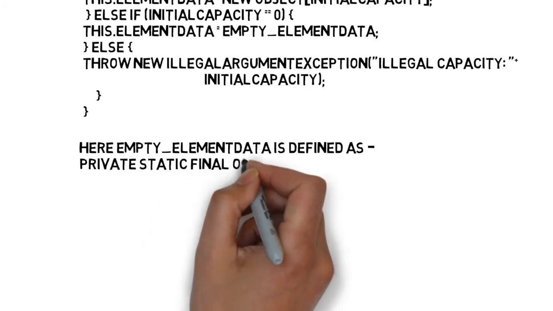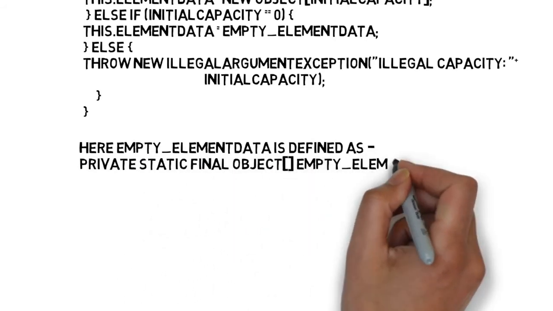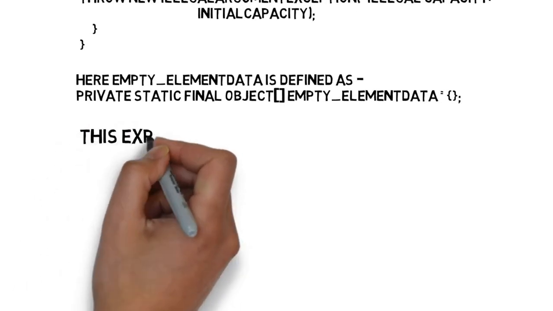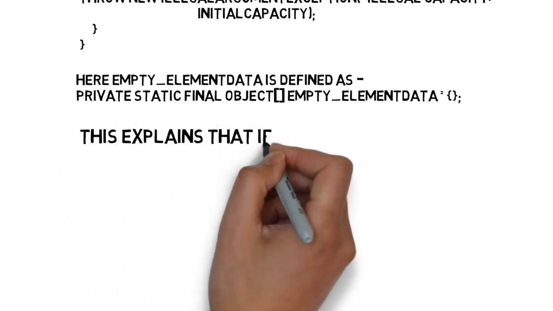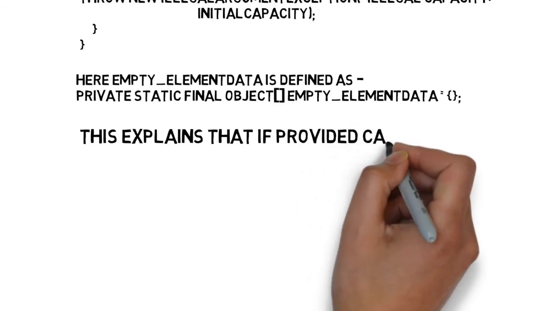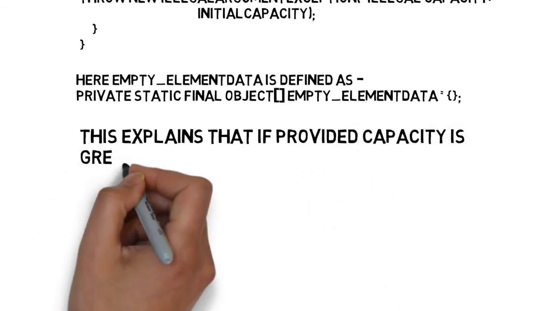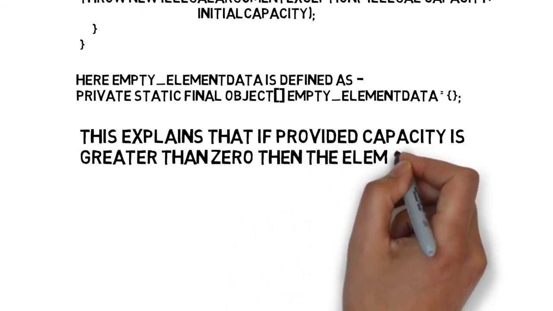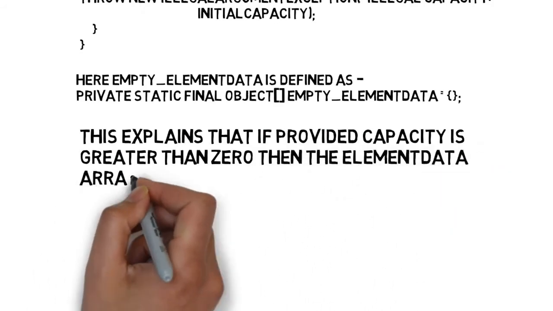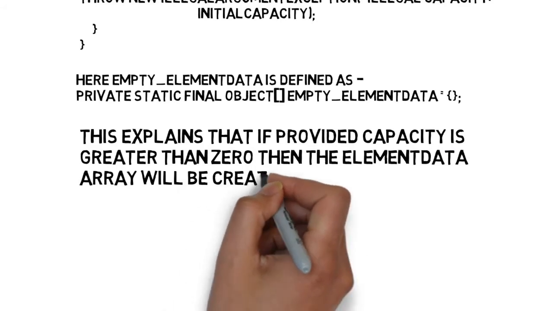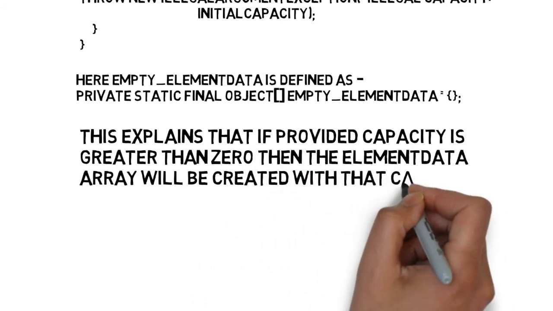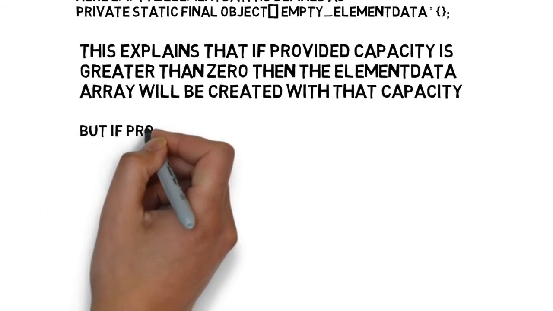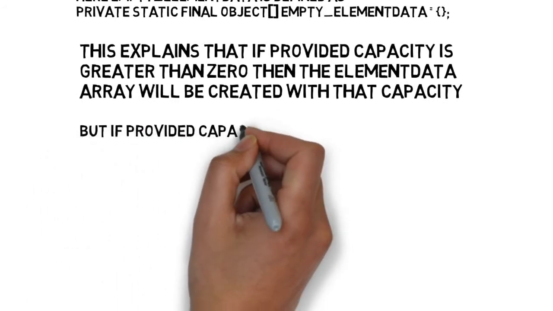Here EMPTY_ELEMENTDATA is defined as private static final Object[] EMPTY_ELEMENTDATA equals {}. This explains that if the provided capacity is greater than 0, then the elementData array will be created with that capacity.